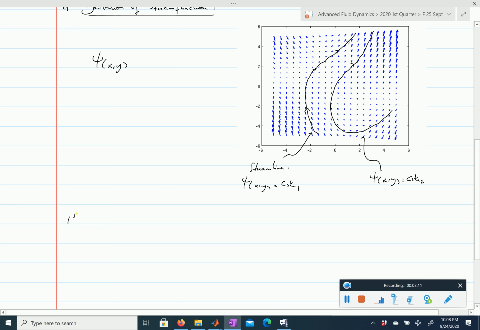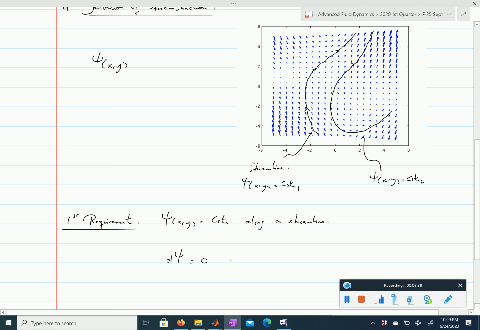Now, the first requirement is therefore that our function is constant along a streamline. Now, one other way of saying that is that the value of the function psi doesn't change, or that d psi, the differential along a streamline, is equal to 0.